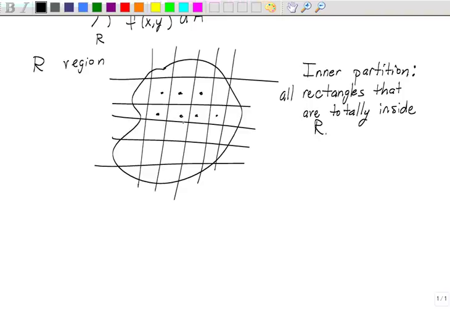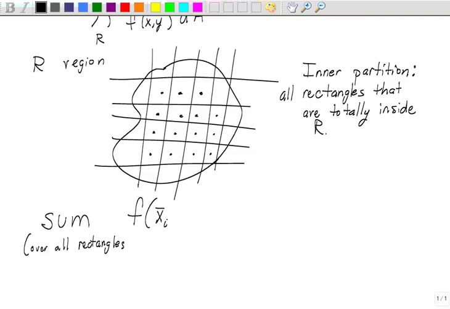Could be the midpoint or the corners. And let's let that one be inside. Okay, so we're going to sum over all these rectangles the height of the function. So we're going to pick a point. That's what those dots are, points in those subrectangles.